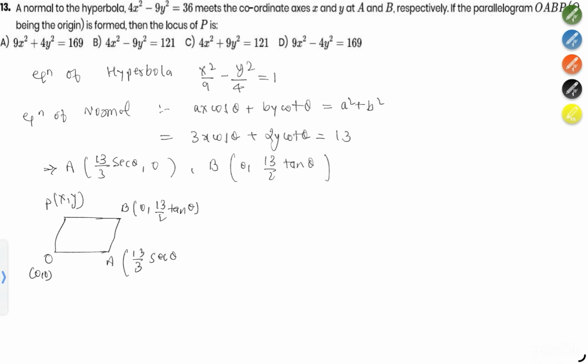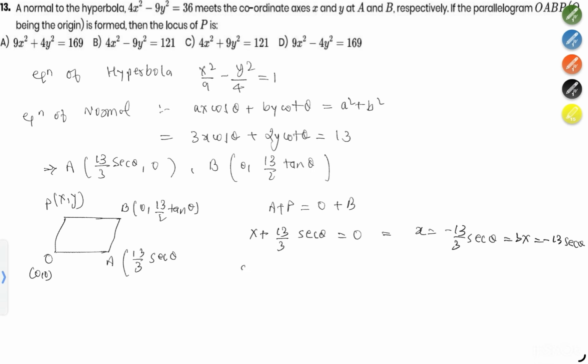As it is a parallelogram, we know the property that the coordinates of A plus P are equal to origin plus P, x coordinate and y coordinate. So use it. We can write x plus 13 by 3 sec theta equal to 0, which will imply that x is equal to minus 13 by 3 sec theta, and 3x is equal to minus 13 sec theta.